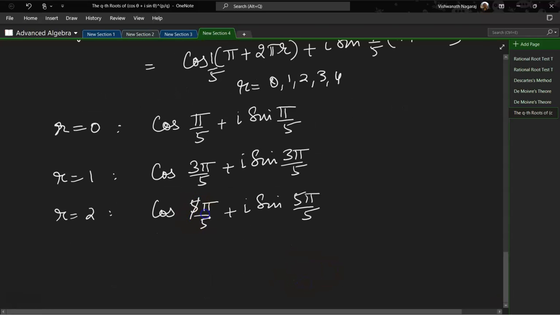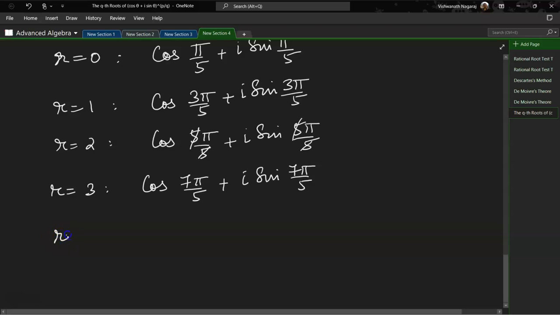Here 5 cancels out, so we have cos pi plus I sin pi. R equal to 3: we get cos 7 pi by 5 plus I sin 7 pi by 5. And finally R equal to 4, now we know the pattern, cos 9 pi by 5 plus I sin 9 pi by 5.